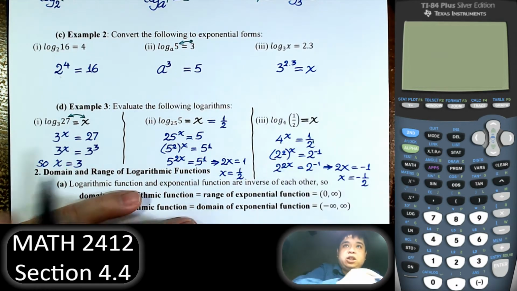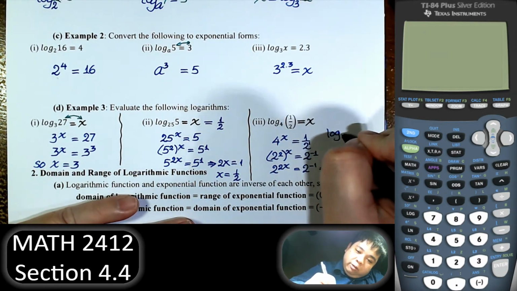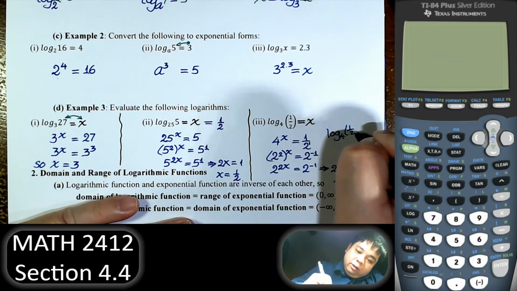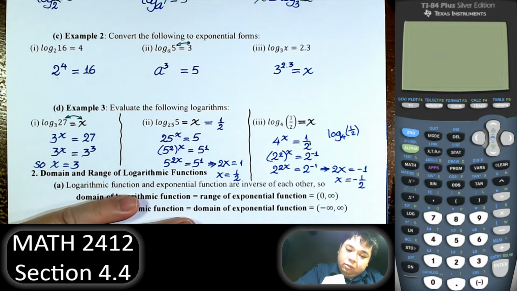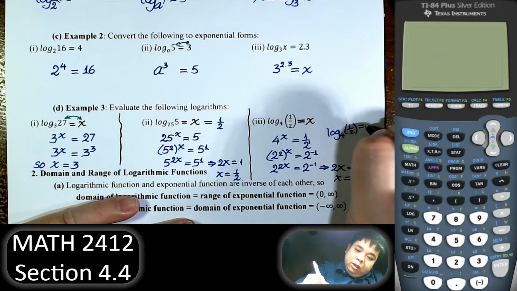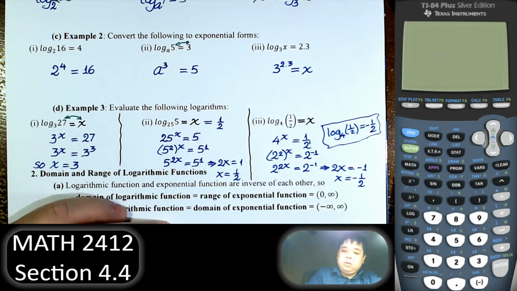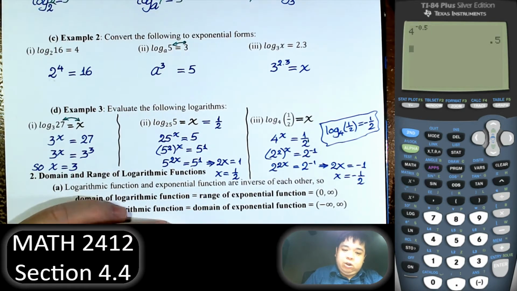Right, so log base 4 of 1/2 is equal to -1/2. We can test: 4 to the -1/2 is equal to 1/2.